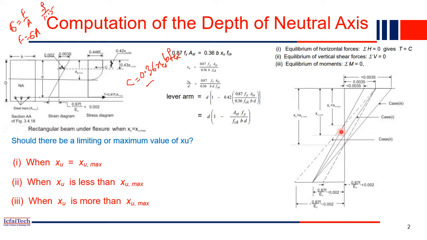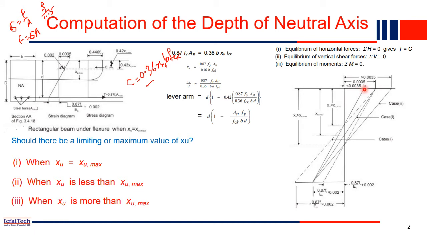Now case 2 means the neutral axis is above case 1. So case 1 it was here. Now the neutral axis went up here. So when the steel fails, what about the strain at the concrete? The concrete strain is less than 0.0035.